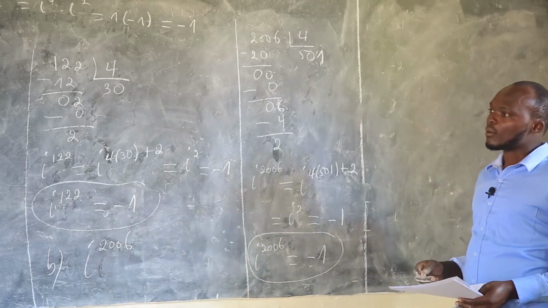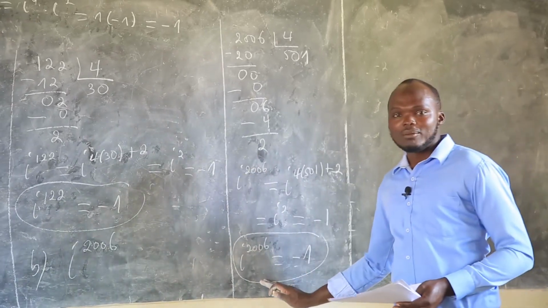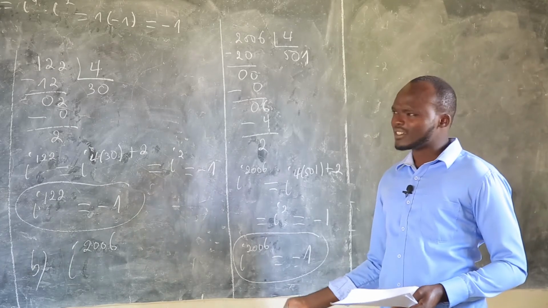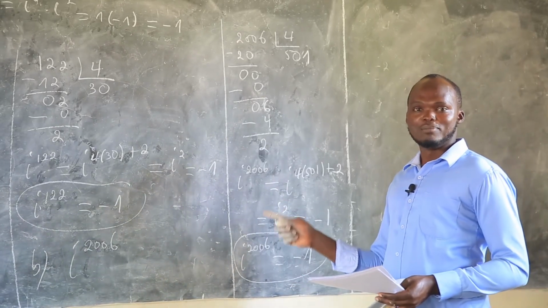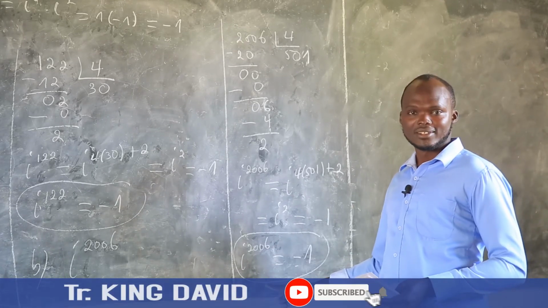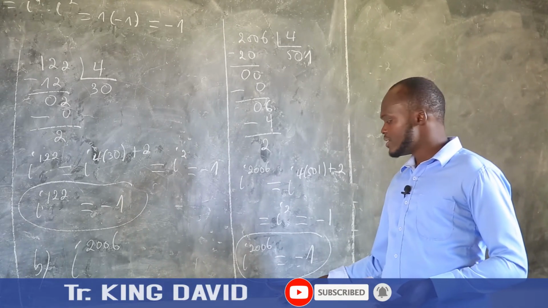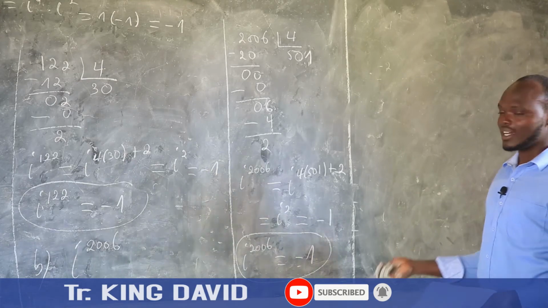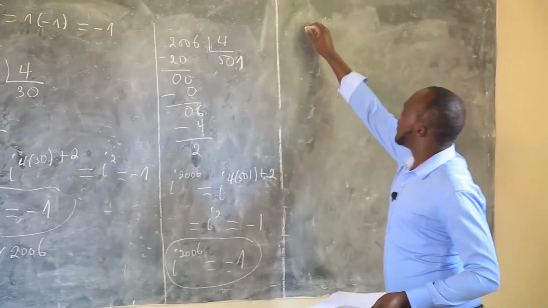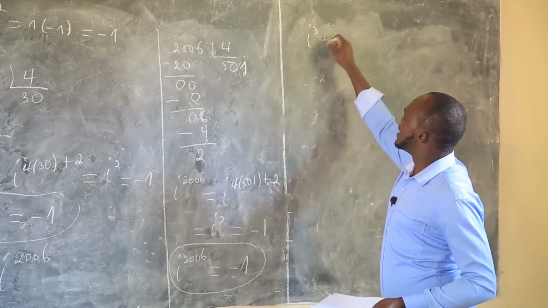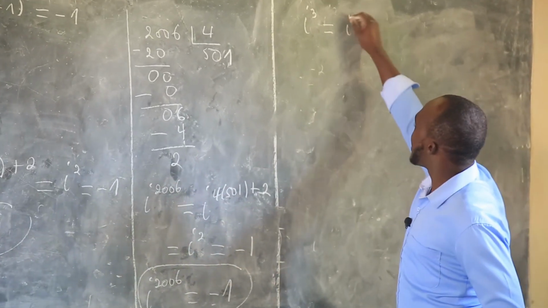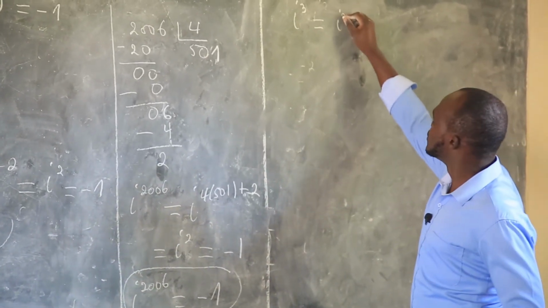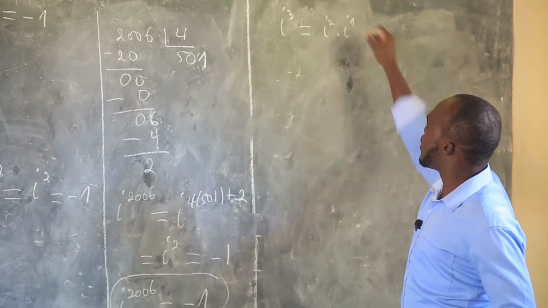Okay, so now the question can come, you can ask that. When the power is not 0, not 1, and not 2, I mean, so when the power is 3, what can happen? If you have like i power 3, what is the answer? i power 3 is the same as i power 2 times i power 1.